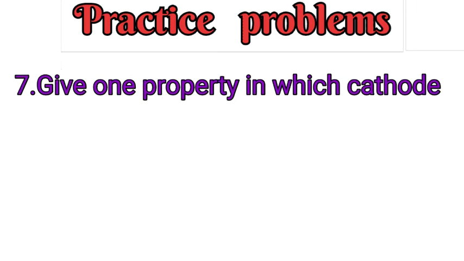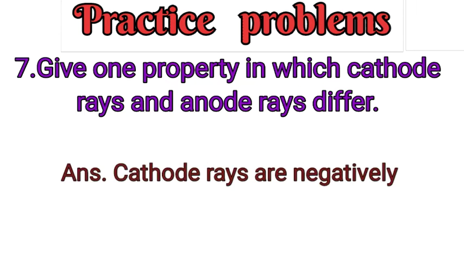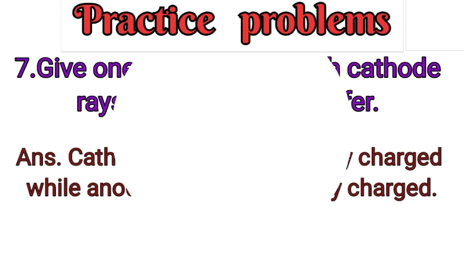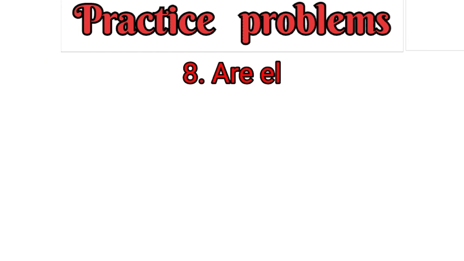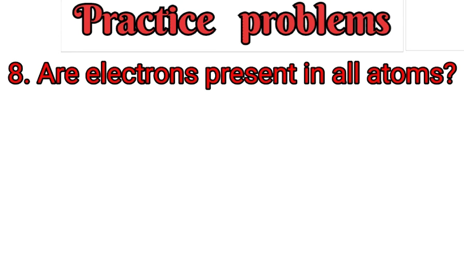Next, give one property in which cathode rays and anode rays differ. Very simple. So cathode rays are negatively charged while anode rays are positively charged. Then, are electrons present in all atoms?